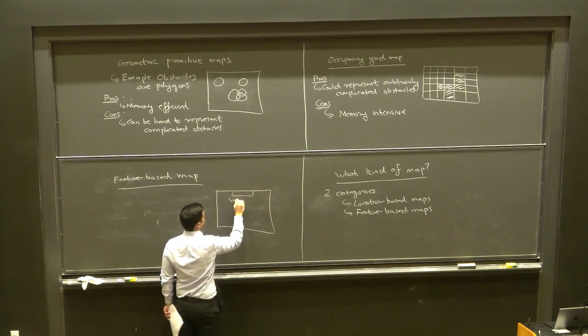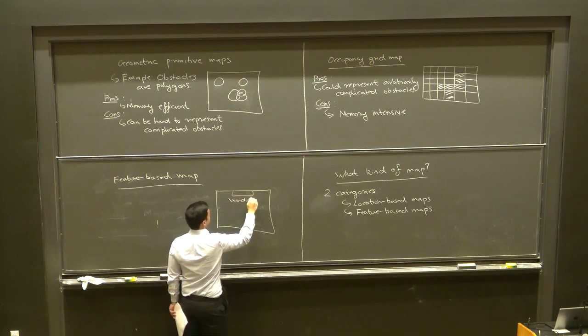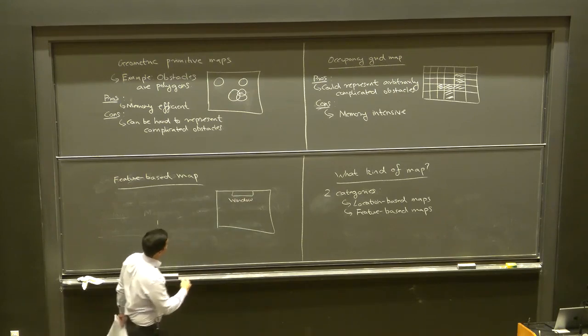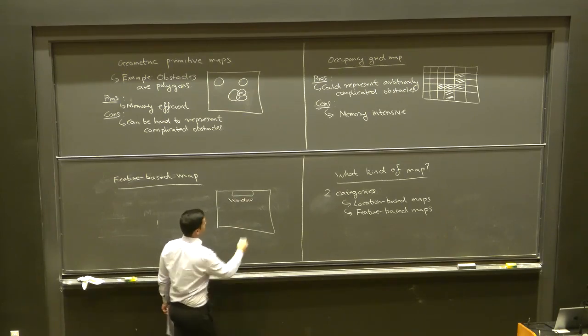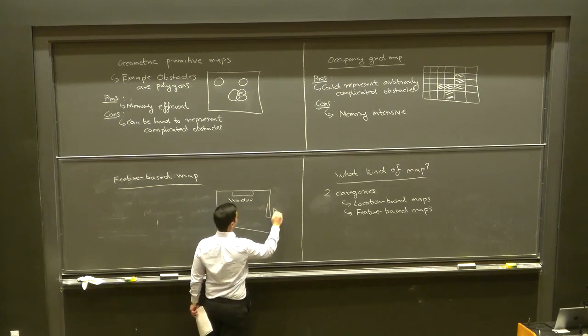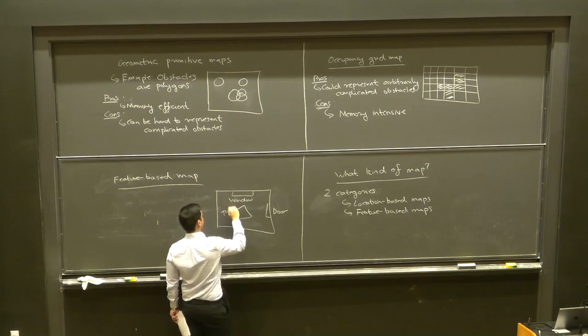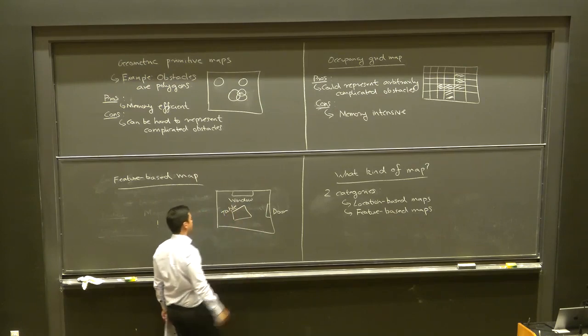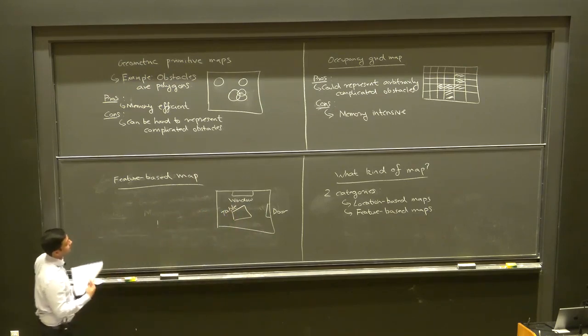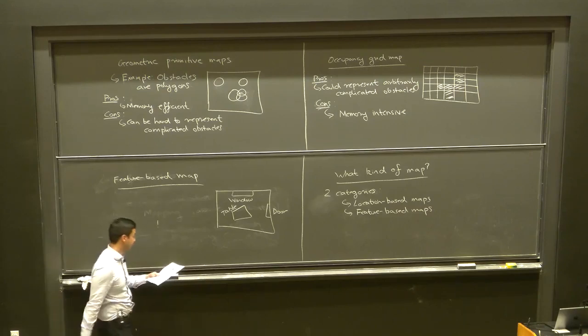This represents a bunch of landmarks, like window, door, table, and so on. And they have associated properties: shape, color, other material properties maybe.